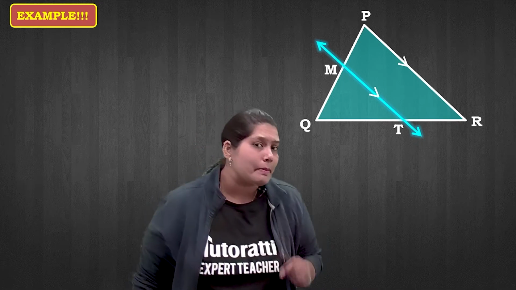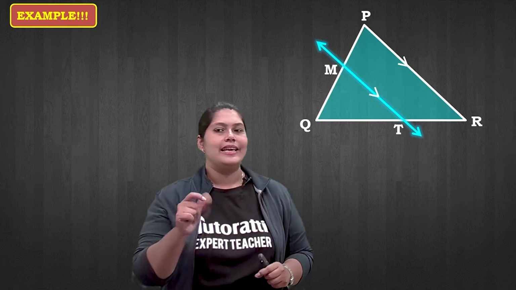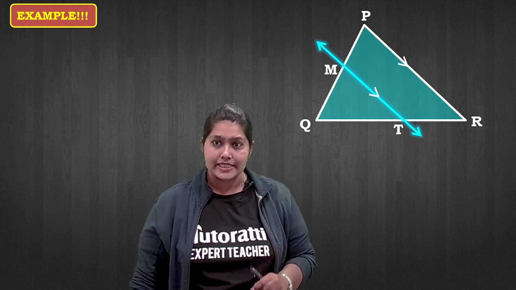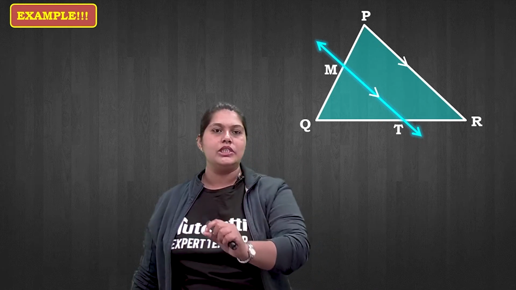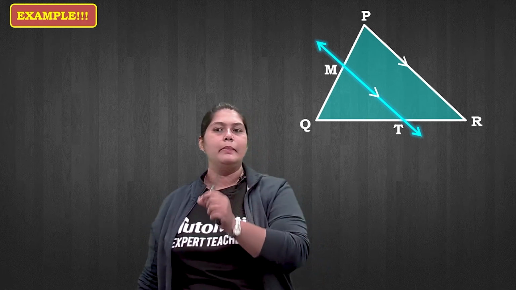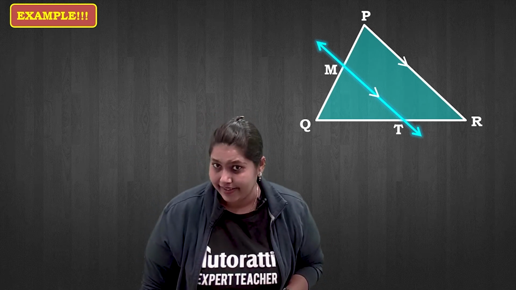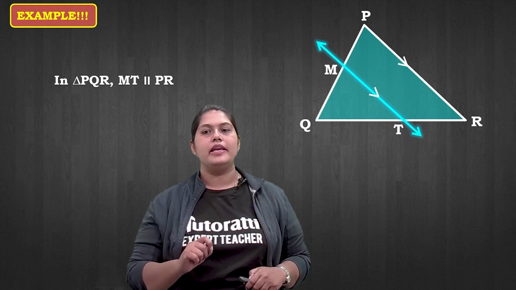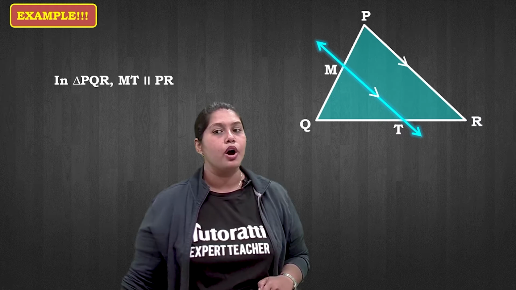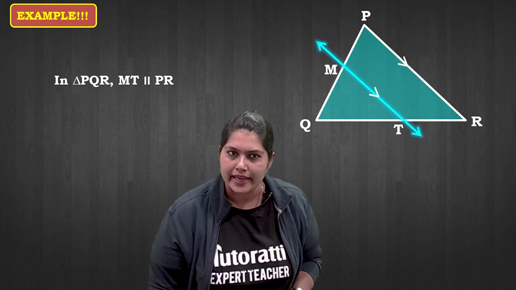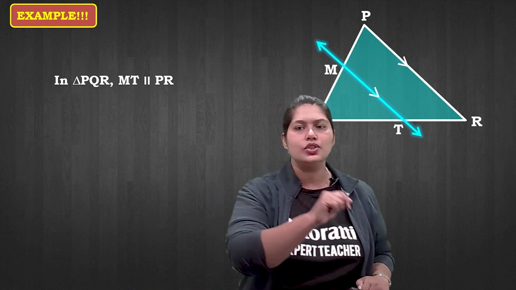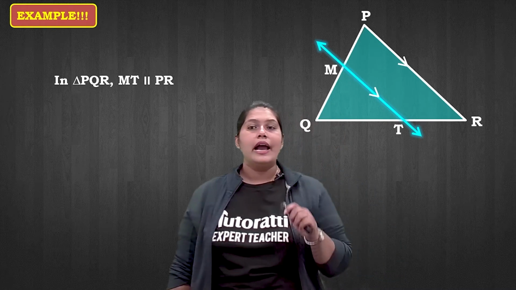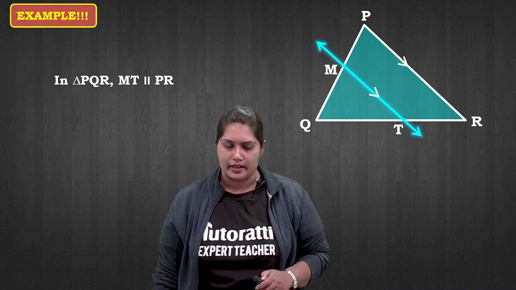So, what does the basic proportionality theorem say? Yes, you are correct. If line MT is parallel to side PR, then QM upon MP is going to be equal to QT upon TR. So how do we write? We write in triangle PQR, MT is parallel to PR.